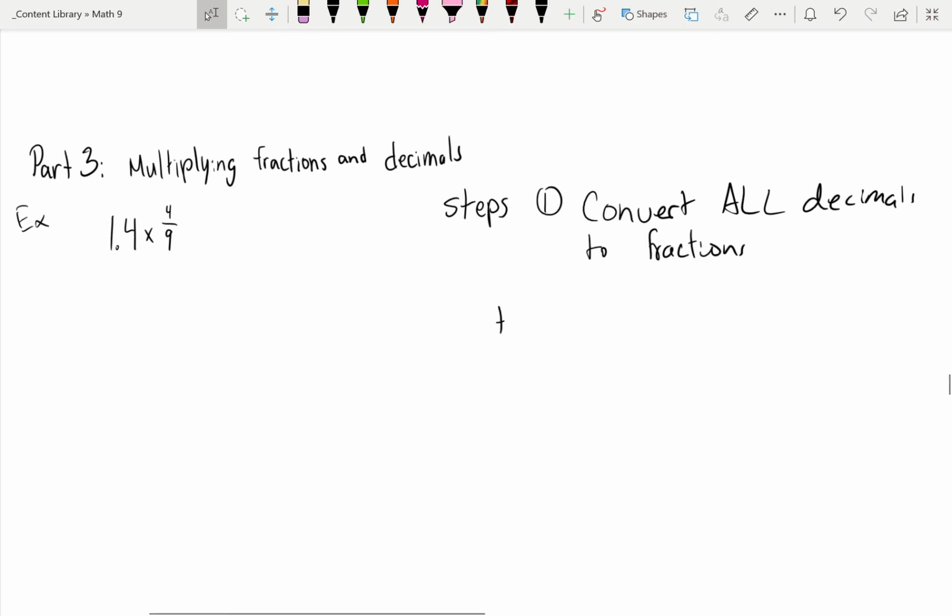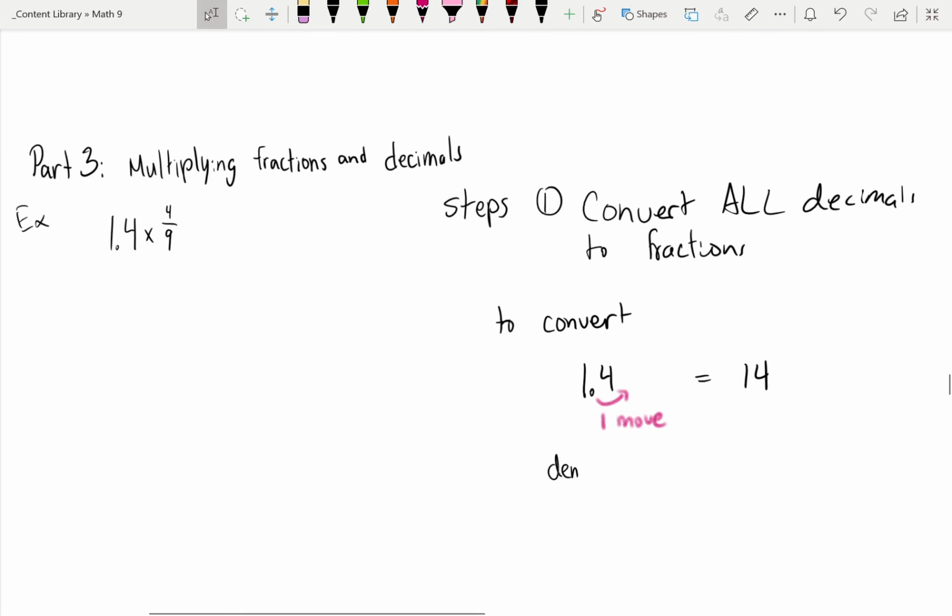So to convert, I have a very simple rule for myself. So I have 1.4. I want to move the decimal place over once. So 1 move. So this is going to become 14.